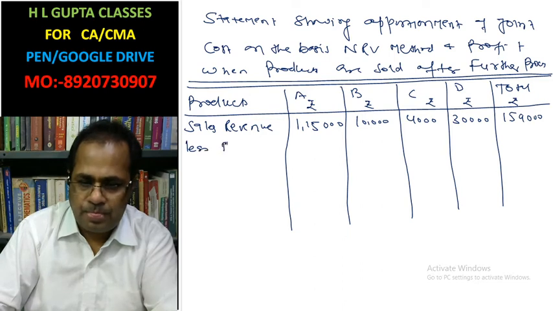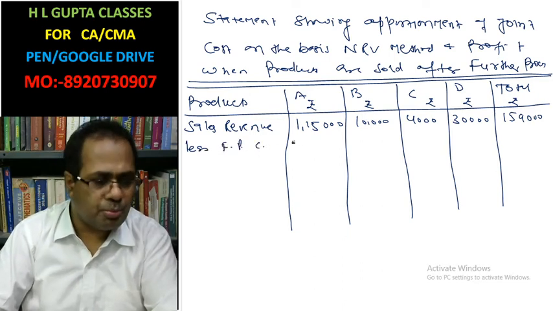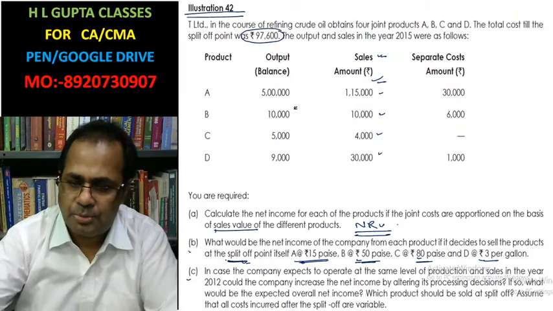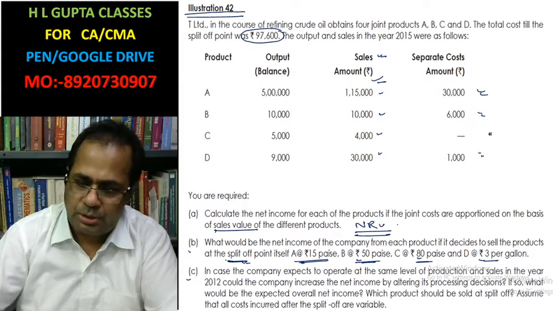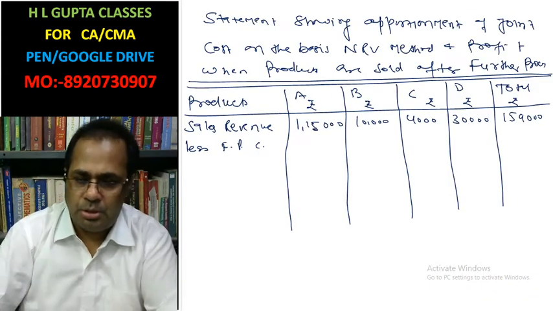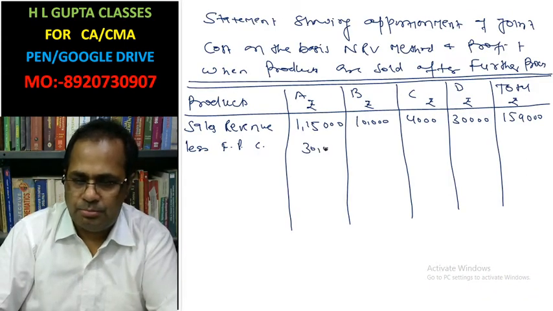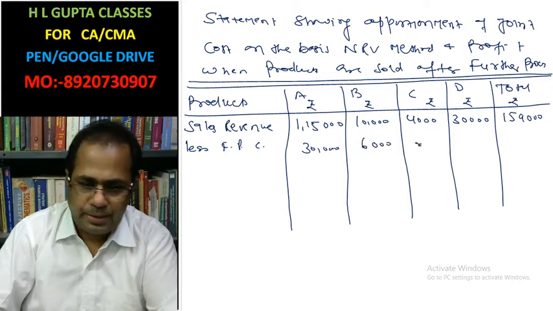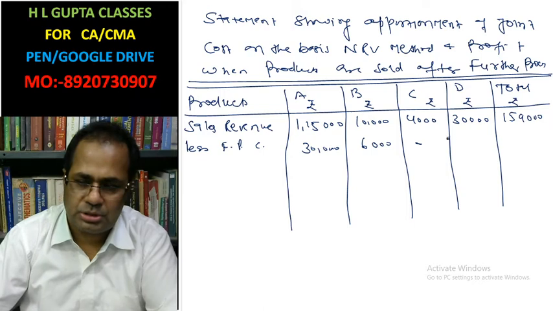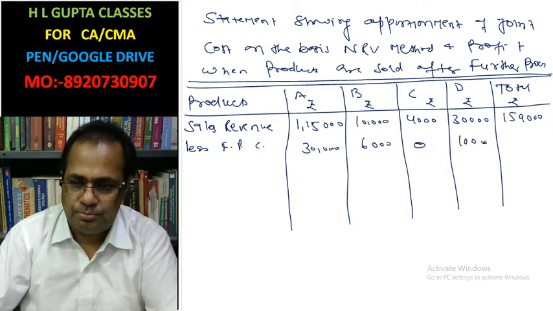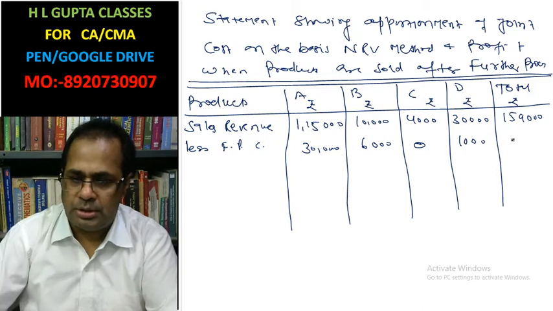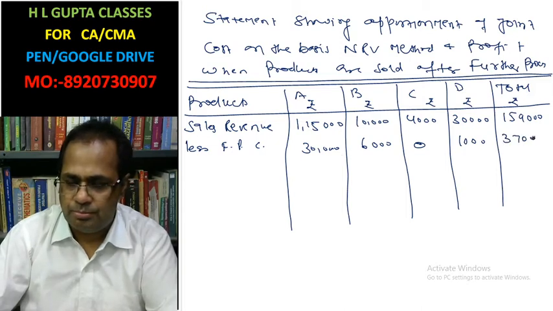Less: further processing cost: 30,000, 6,000, for C no further processing cost, that is 0, and 1,000. This is a total of 37,000.